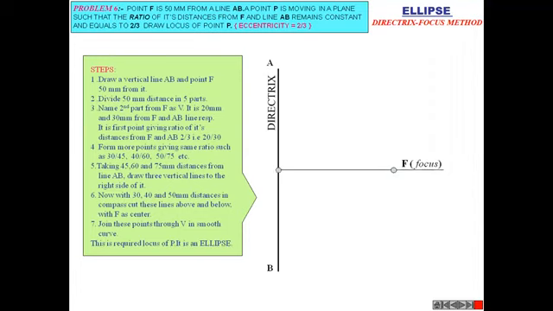Name the second part of F; it is divided into 20 mm and 30 mm. Divide this 50 mm line into five equal parts. This is the vertex, V. Then draw the lines; this is 45 and this is 30.